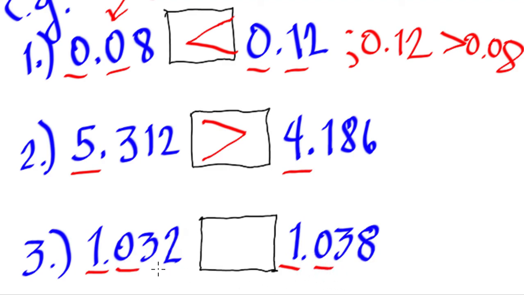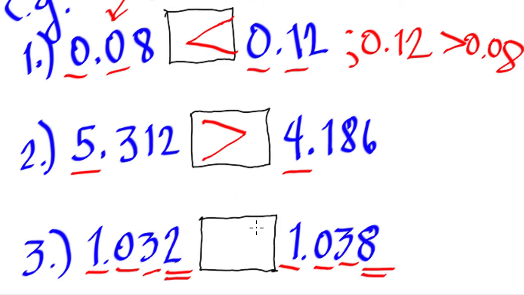On the hundredths place, both of them are 3, so still we cannot see which one is bigger. But aha, look at this. In the thousandths place, the values are different. We can see that 8 is bigger than 2, and all the other numbers are the same.